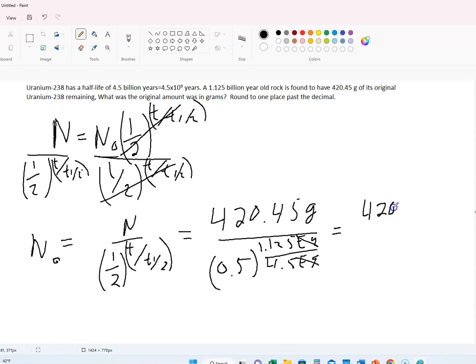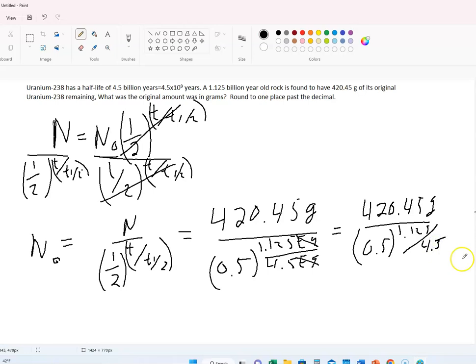That's perfectly fine. So we have 420.45 grams divided by 0.5 raised to 1.125 divided by 4.5.